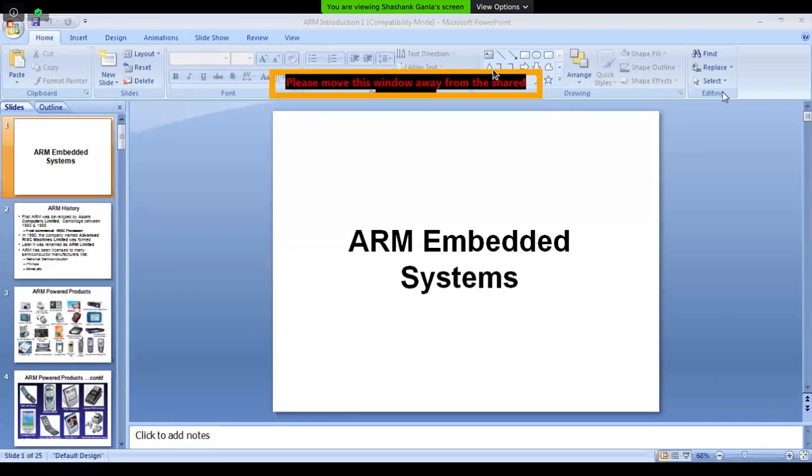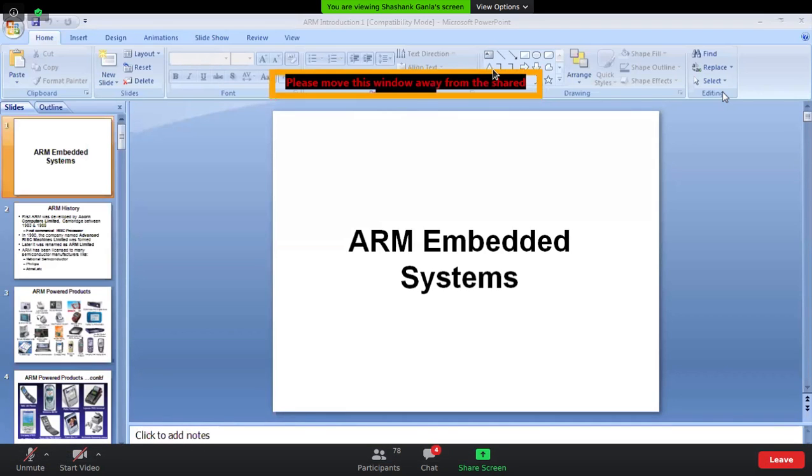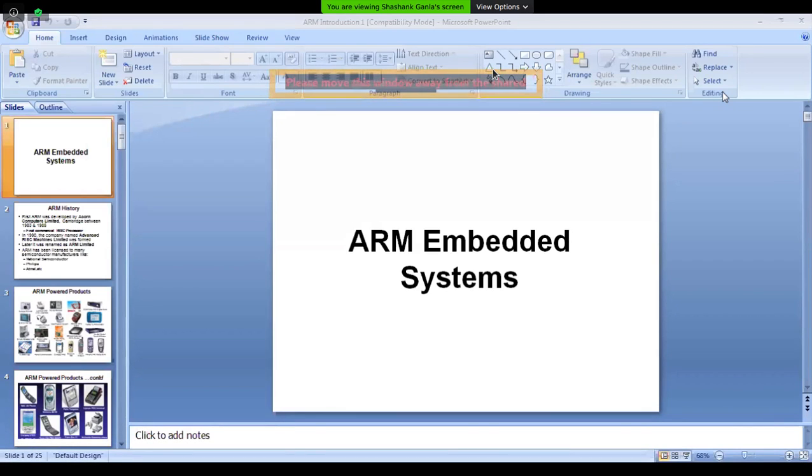Those who say the voice is low or not audible, I think it may be an issue with your area, your network or your cell phone. Please check it out. Okay, I'm muting and unmuting. Now is it okay?